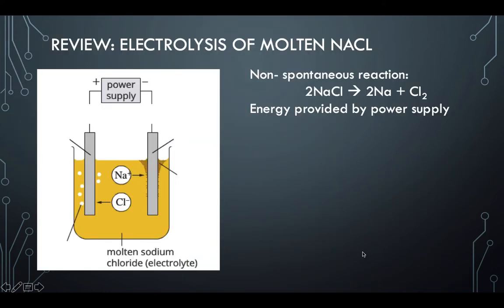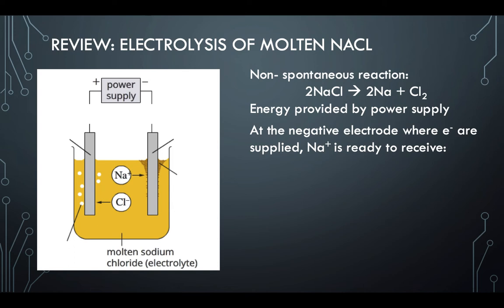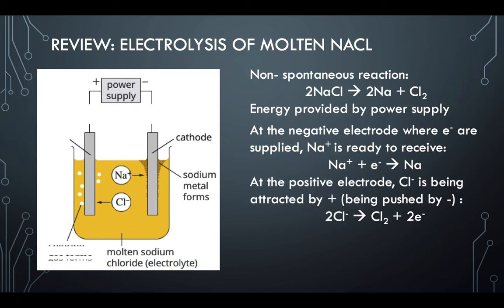Okay. So remember that in electrolysis of molten NaCl, right? We have a non-spontaneous reaction. Energy is provided. At the negative end, the sodium cation is going through reduction to become sodium, and at the positive end of the electrode, chloride is being attracted by the positive end of the power supply, and therefore it goes through oxidation.